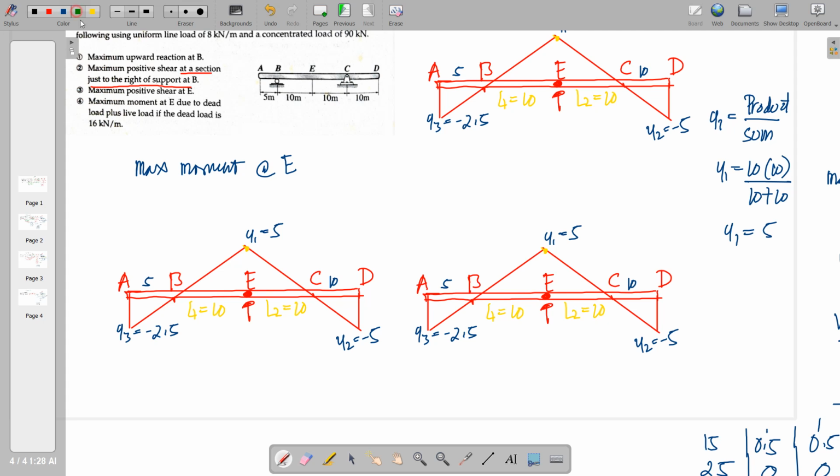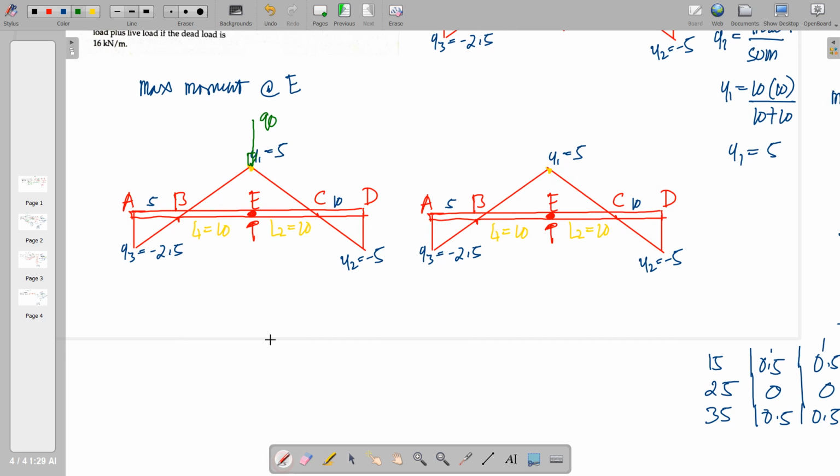So first, we place the 90 on the maximum value of the positive coordinate. Okay. And we focus on the positive area only for its distributed load. So this distributed load is placed on the positive area of your diagram.